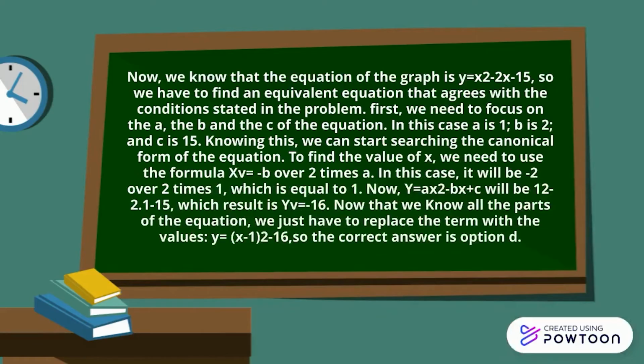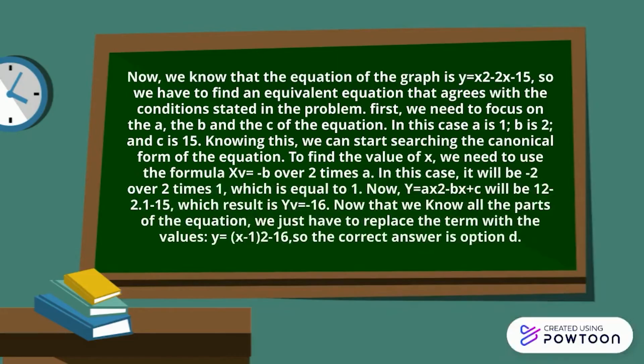Now, y equals ax squared minus bx plus c will be 1 squared minus 2 times 1 minus 15, which results in yb equals negative 16.